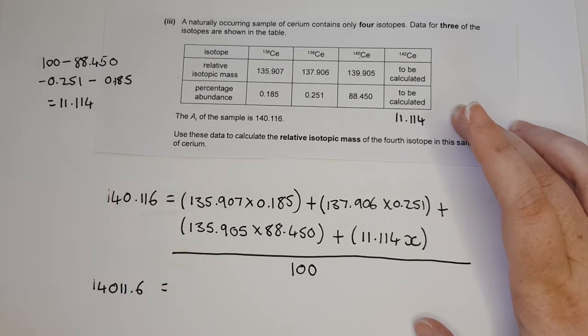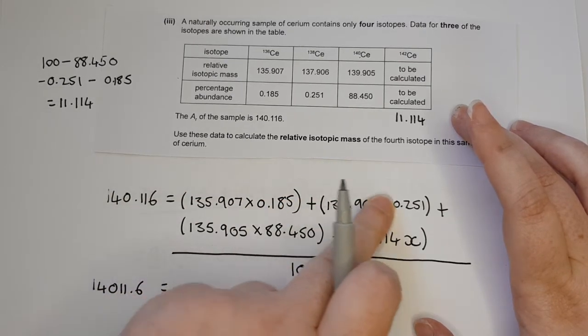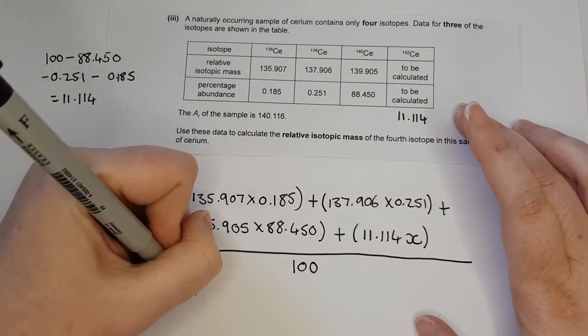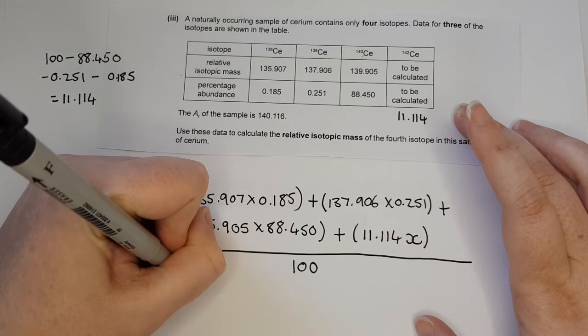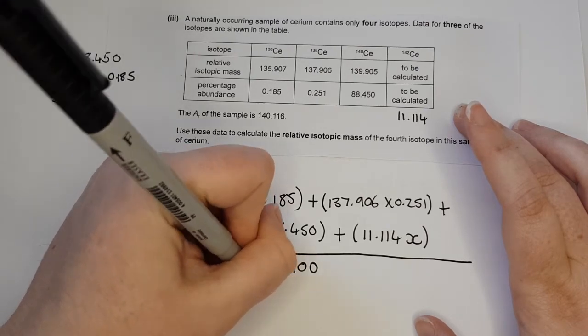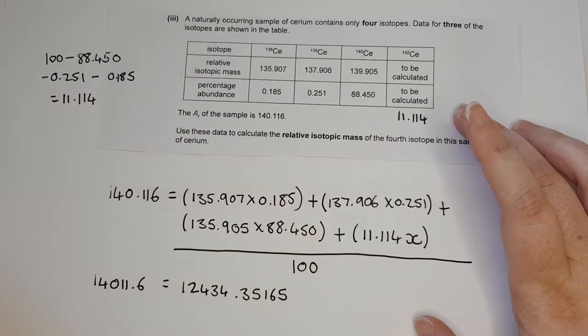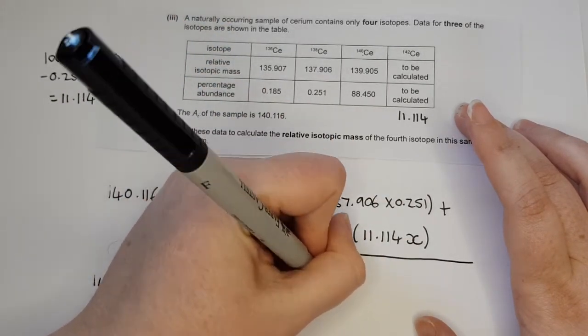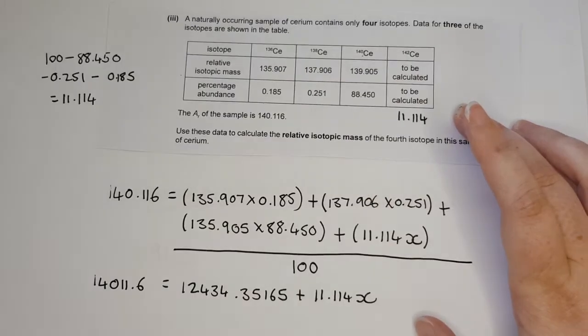So I end up with 14011.6 equals, if I take all of my brackets multiplied and added together, I'll get a final answer of 12434.35165 plus my missing value of 11.114x.